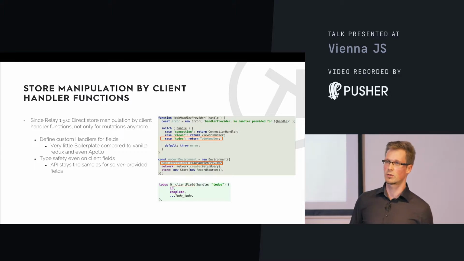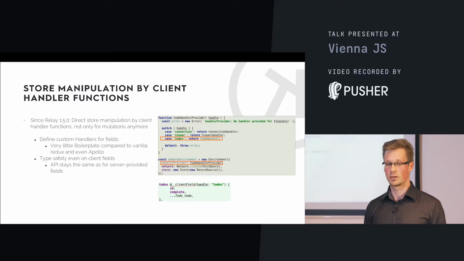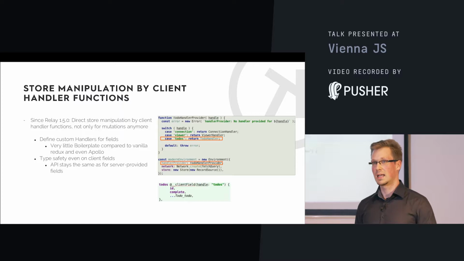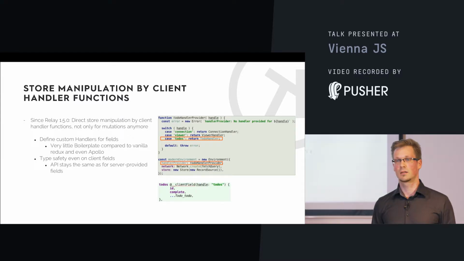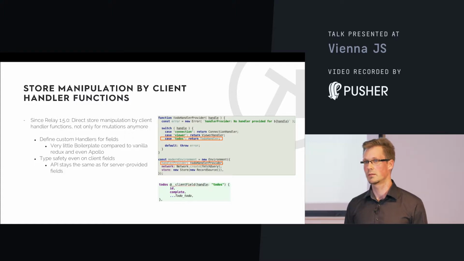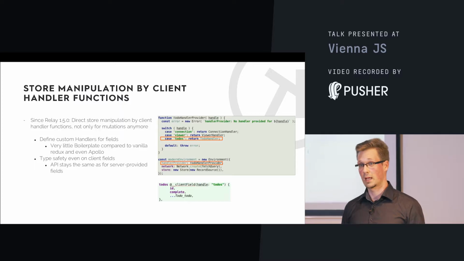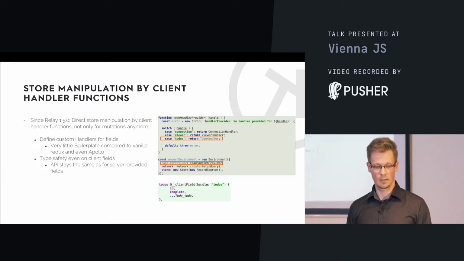Flux is many data stores. Redux reduced it to one data store, which is a good idea and works well. Relay also does that, but Relay didn't give you the possibility to change that store directly, only Relay itself could change it.